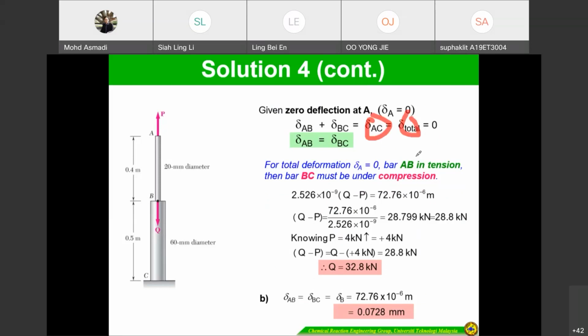One is delta BC, one is delta AB. So you can get Q. P we know is 4 kilonewtons. Then we can determine delta BC, because delta AB is equal to delta BC from this equation. So you can get 0.0728 millimeter. Is it clear?